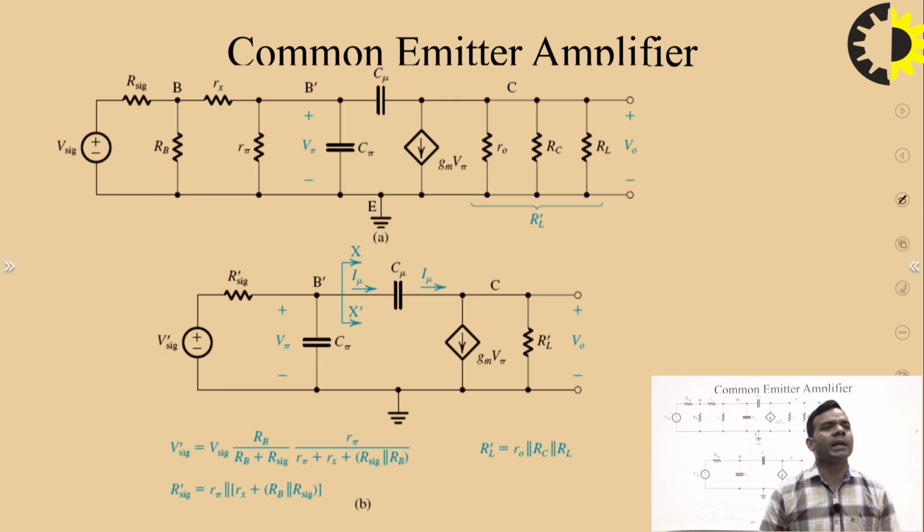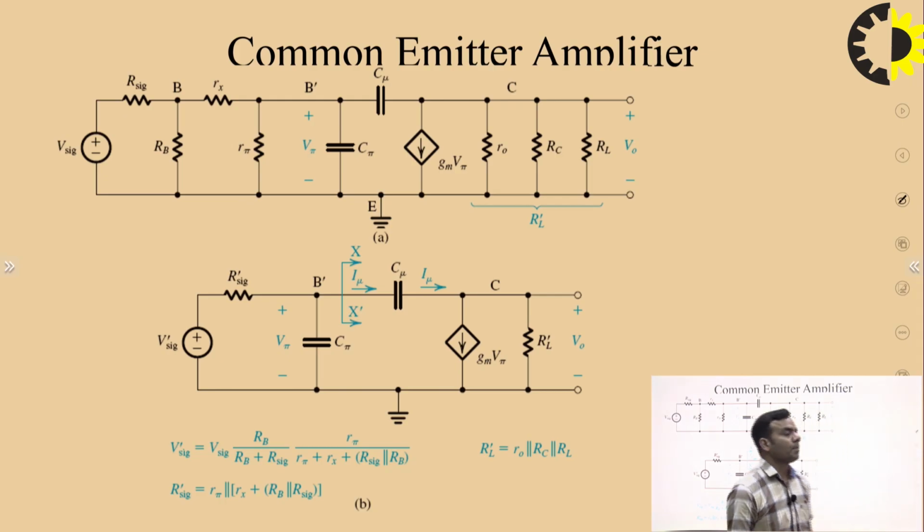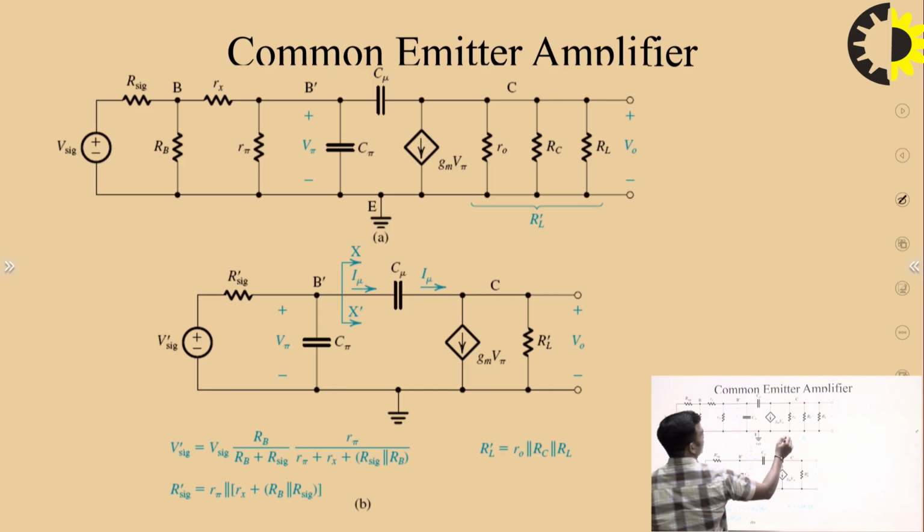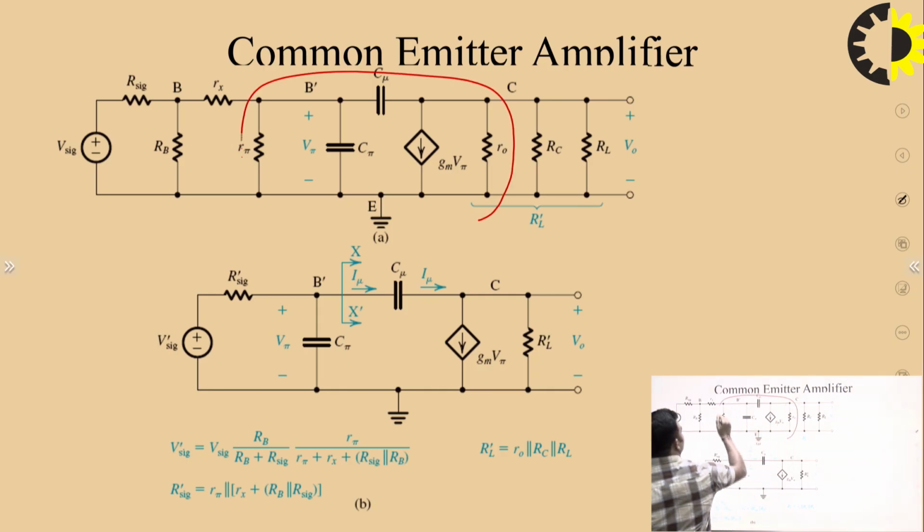Next is the common emitter amplifier. If you consider the common emitter amplifier, its equivalent circuit can be drawn like this. This is actually the high frequency model, and RC and RL are the externally connected resistors, and RB and R signal are also externally connected resistors along with the V signal.